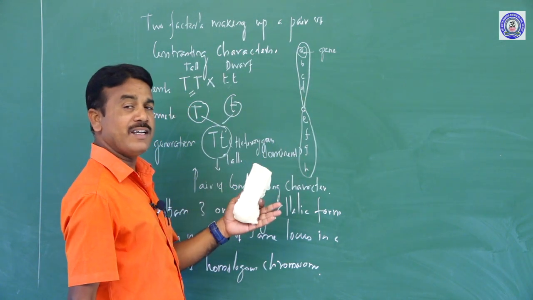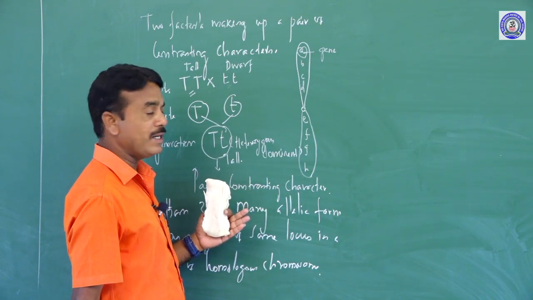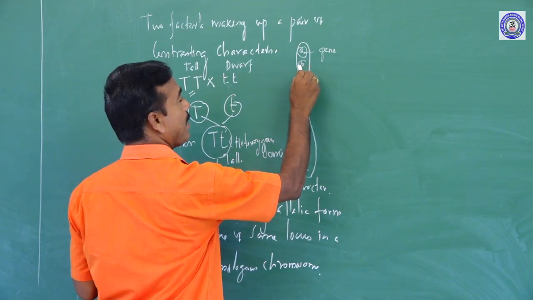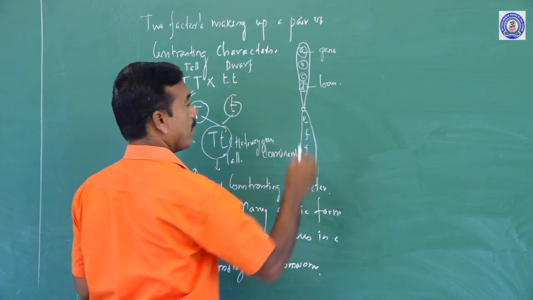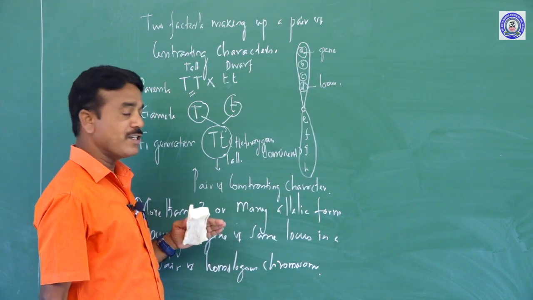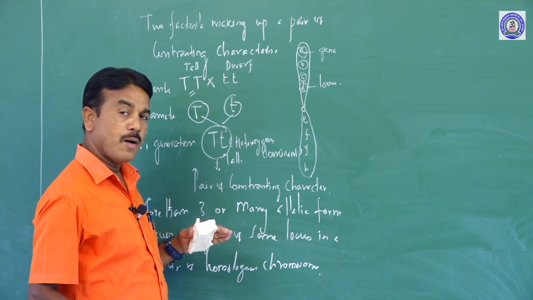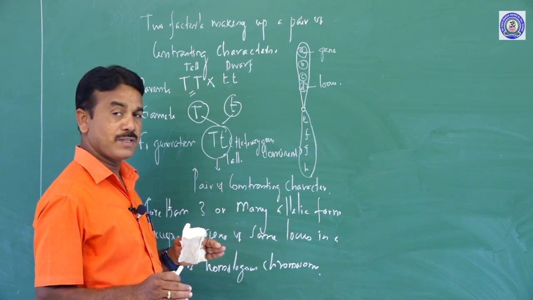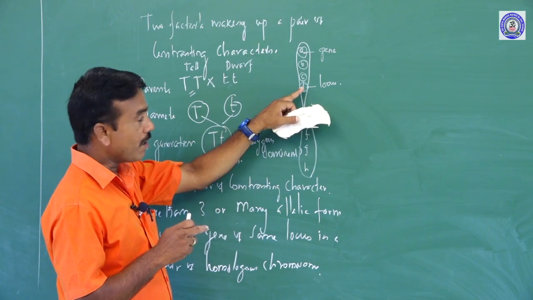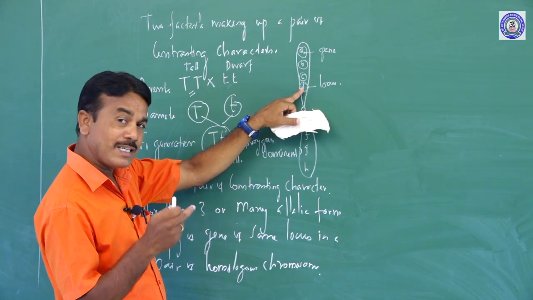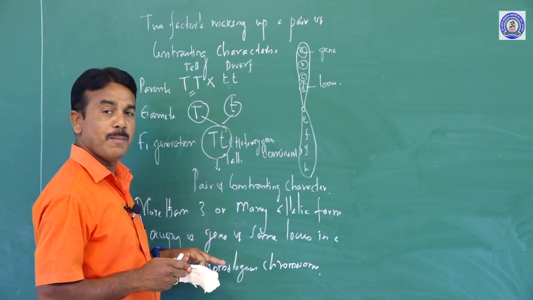The genes are arranged in a sequence, and each gene located at a particular point is commonly called a locus. So what is the definition of multiple alleles? Three or more allelic forms occurring in a gene at the same locus in a homologous chromosome are commonly called multiple alleles.